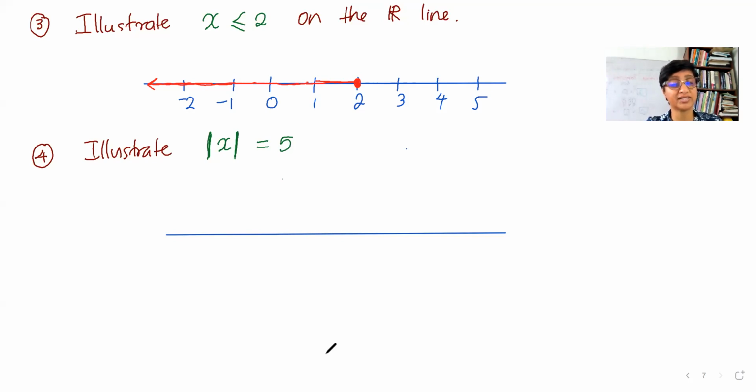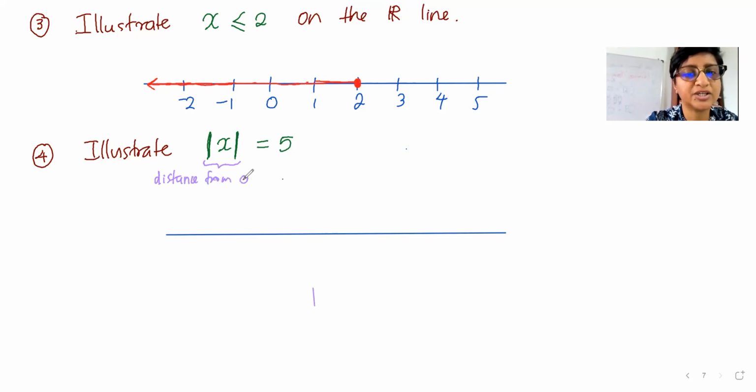If I write this in words, what does that symbol mean? Distance from 0 to x. That's the meaning of modulus of x: distance from 0 to x. Must be equal to 5.